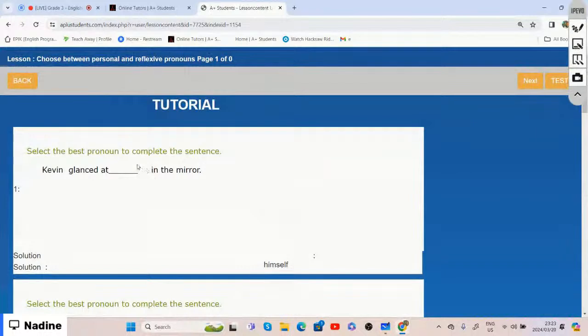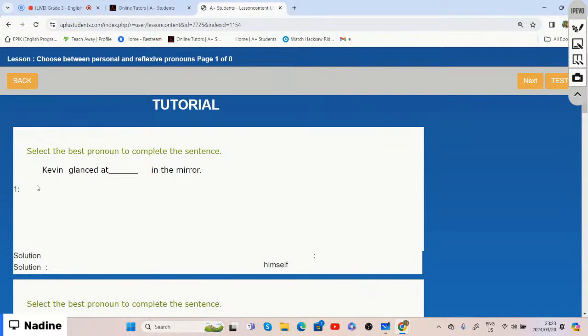So we already explained what a reflexive pronoun and what a personal pronoun is. Now, if we look at this activity, it says Kevin glanced at in the mirror. We need to put the correct reflexive pronoun within the sentence.